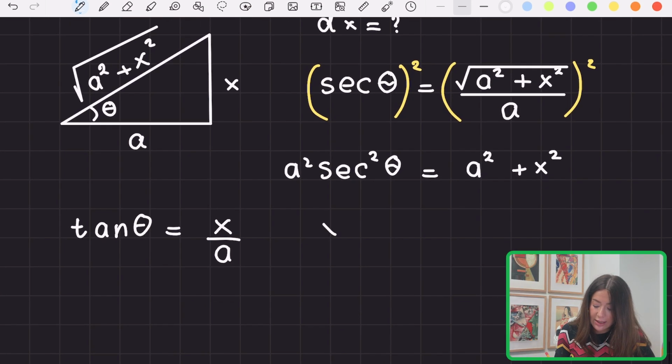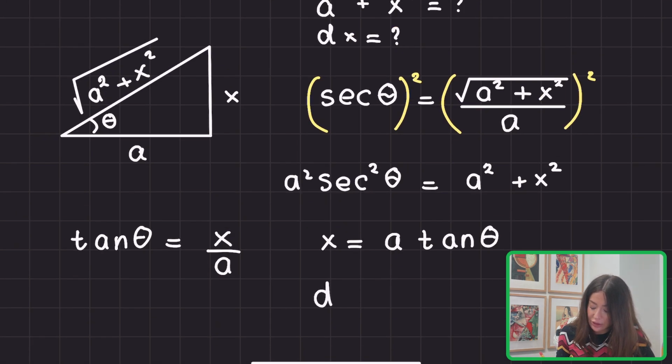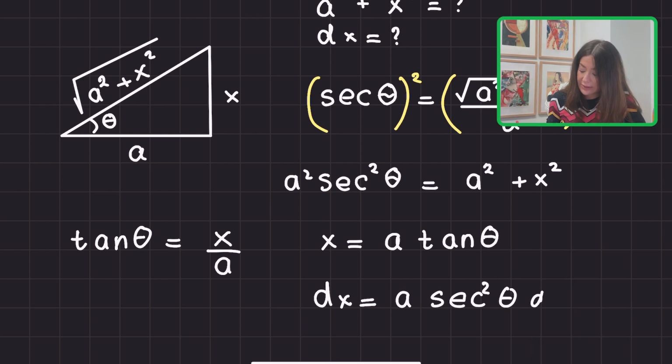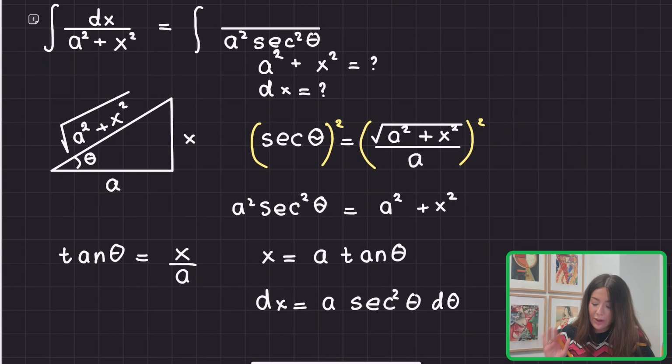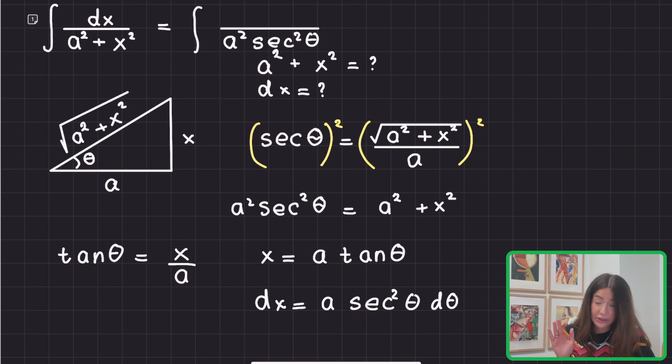So then x is a tangent theta, and dx is the derivative of tangent theta. And the derivative of tangent theta is secant square theta, d theta. Okay, so now I have an expression for dx as well in terms of d theta.